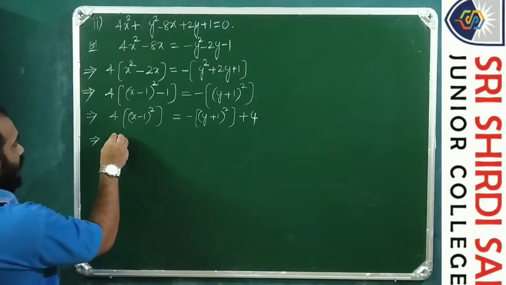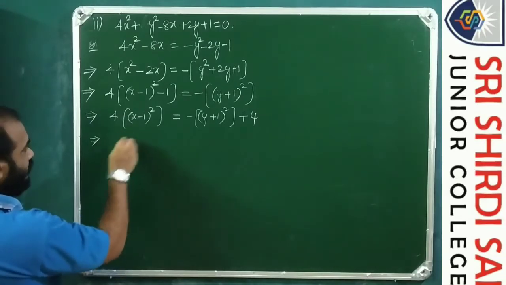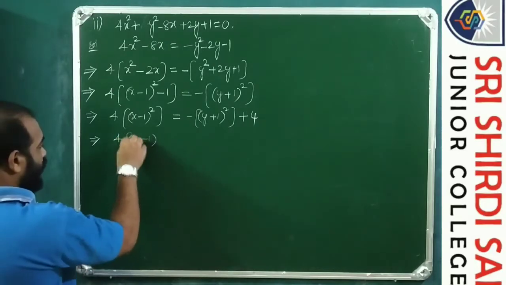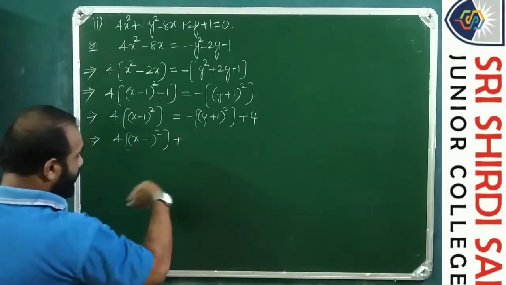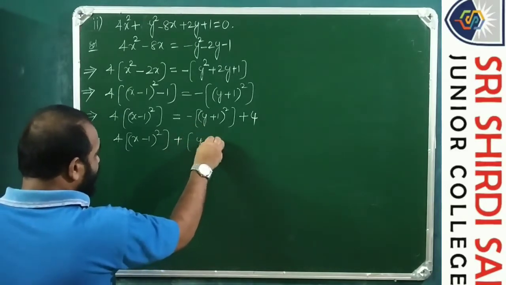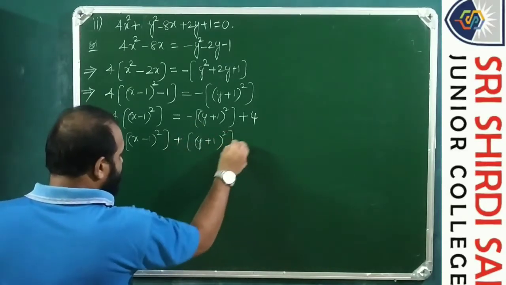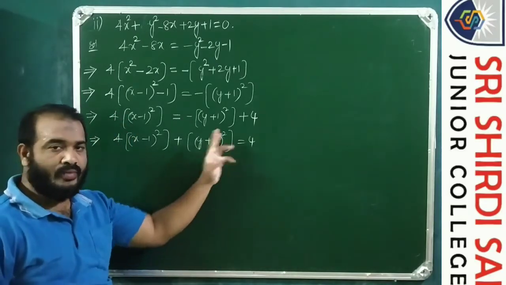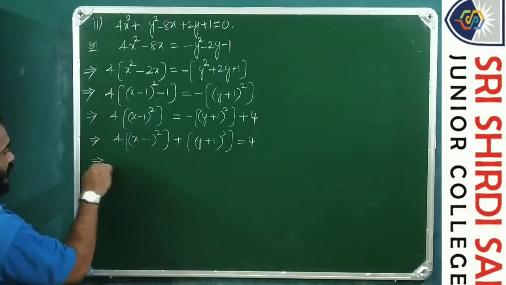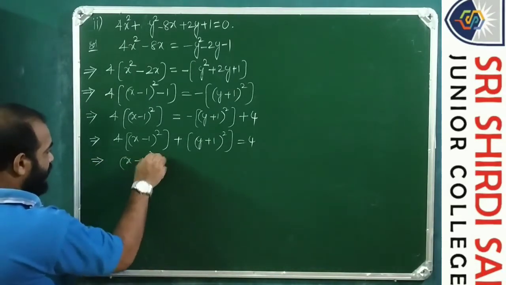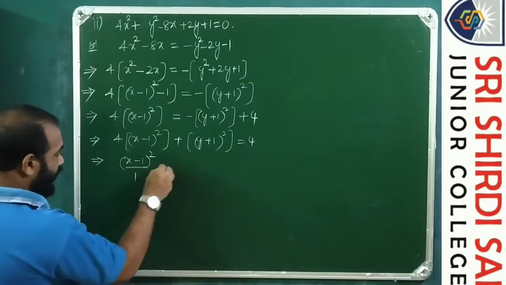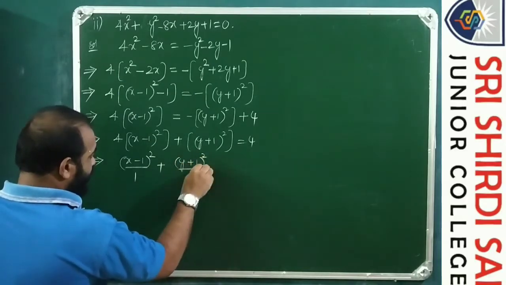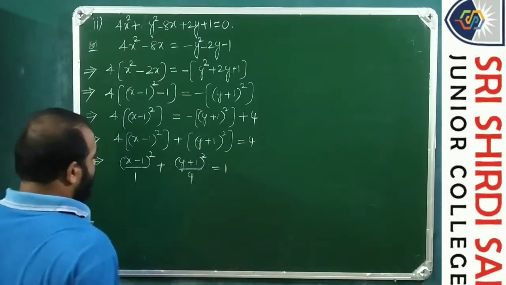This is equals to 4 into (x minus 1) whole square plus (y plus 1) whole square is equals to 4. So divide this with the 4 on both the sides, then we will get (x minus 1) whole square by 1 plus (y plus 1) whole square by 4 equals to 1.